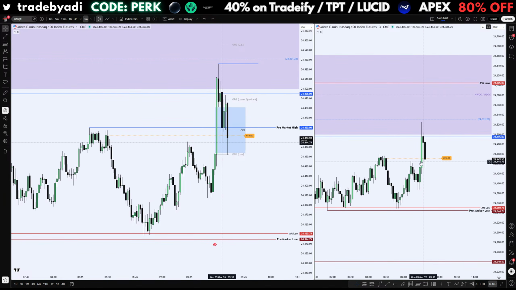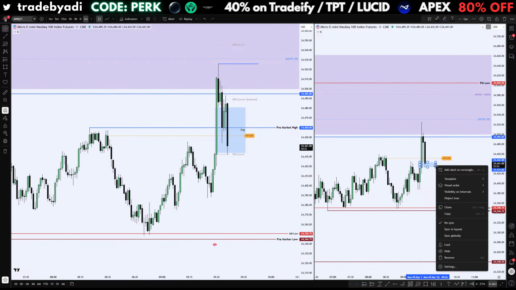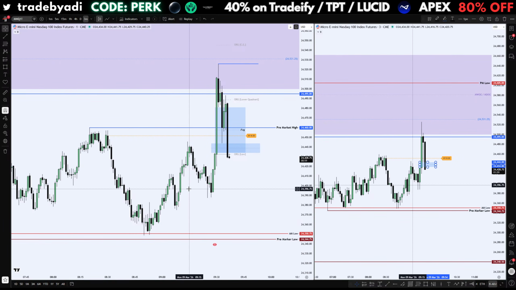And also, if this 5 minute fair value gap is also going to get flipped, then it is going to be more interesting. We have flipped this gap.